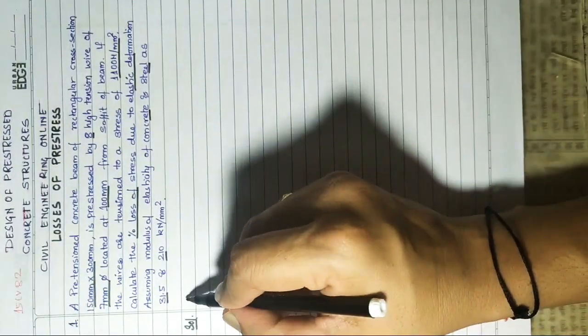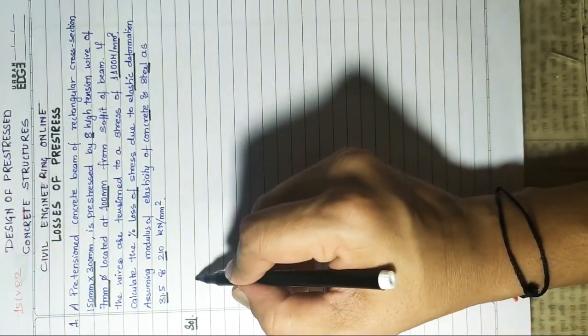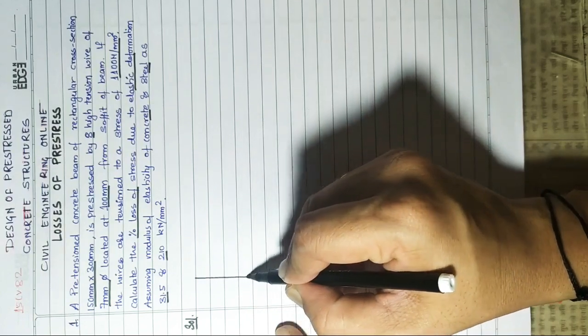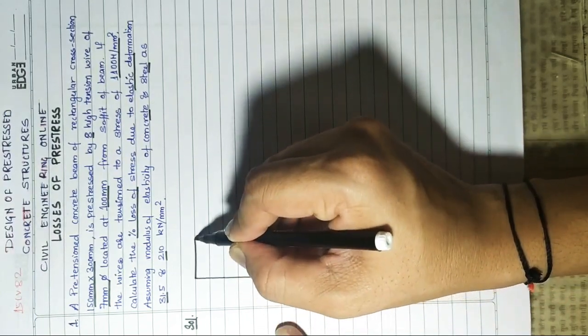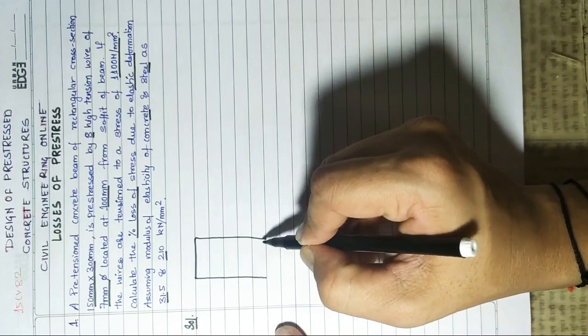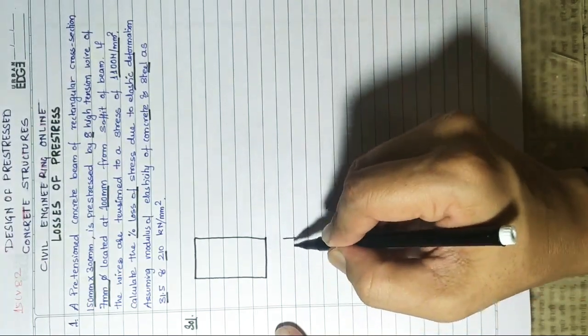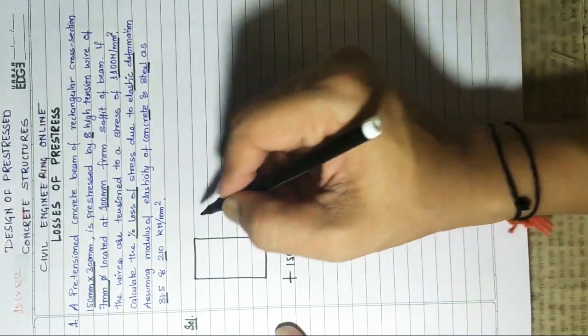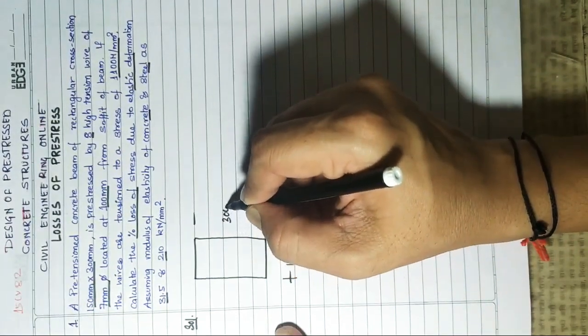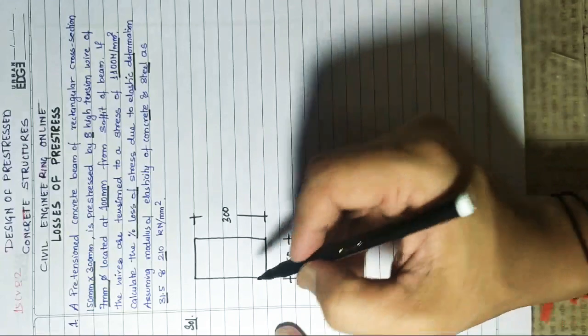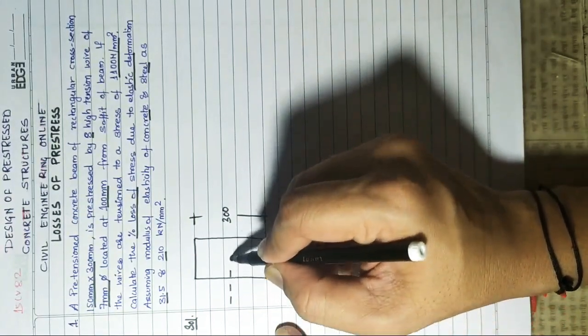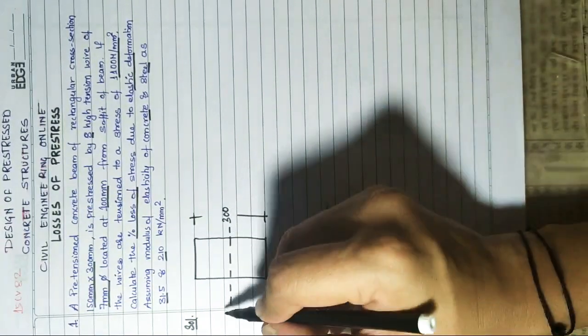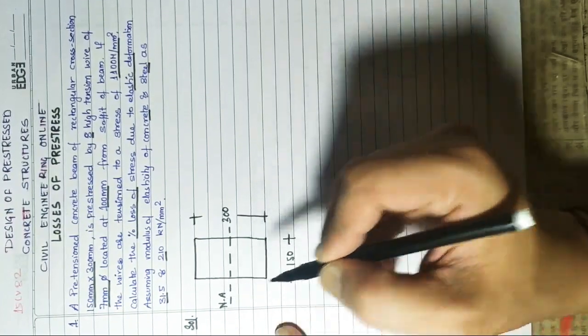In the solution, first of all, we are going to draw the cross section of the given question. So the cross section will be like this: 150 mm width wise and 300 mm depth wise, wherein we have the neutral axis in the center. So this part is the neutral axis.